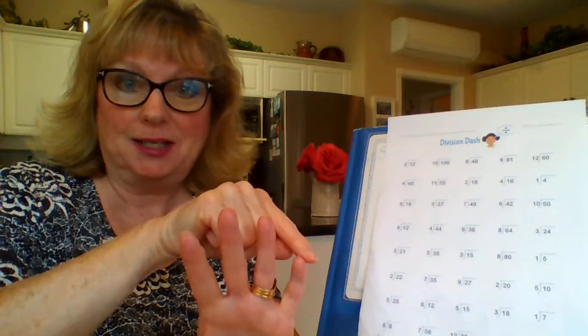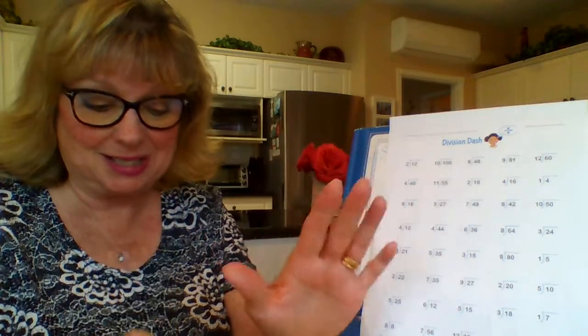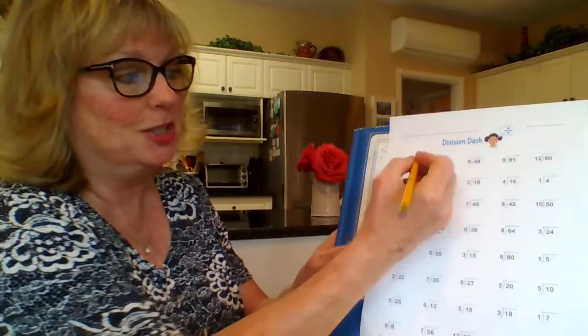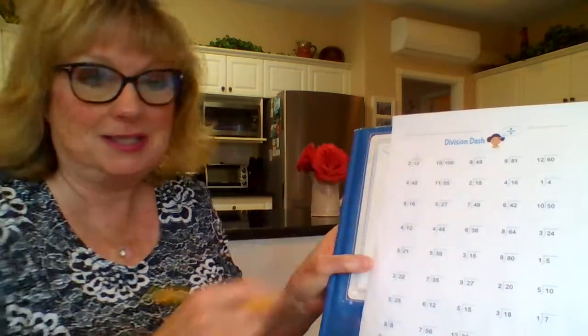Well, we skip count by 2s. 2, 4, 6, 8, 10, 12. How many fingers did I use? 6. So how many times did 2 fit into 12? 6 times, right? So our answer goes on the top, 6.